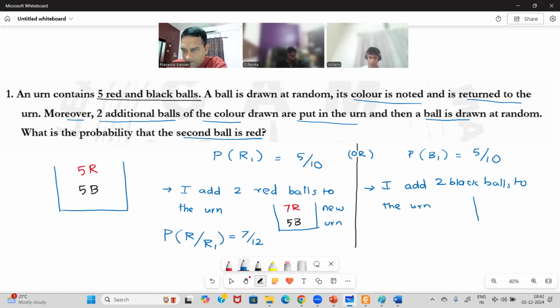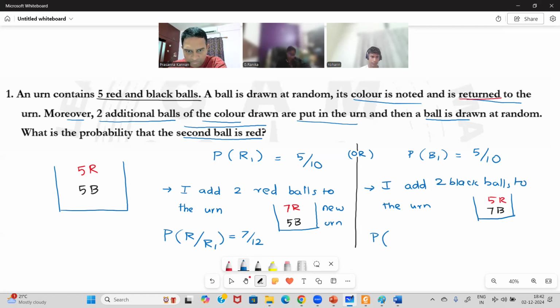So now can you tell me how my urn looks? 7 black balls are there and 5 red balls are there. Very good, because I am returning the initially taken ball back to the urn. So what will be my probability? Now the second ball, what am I drawing?